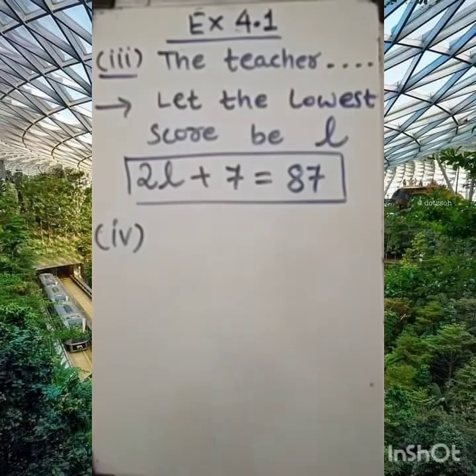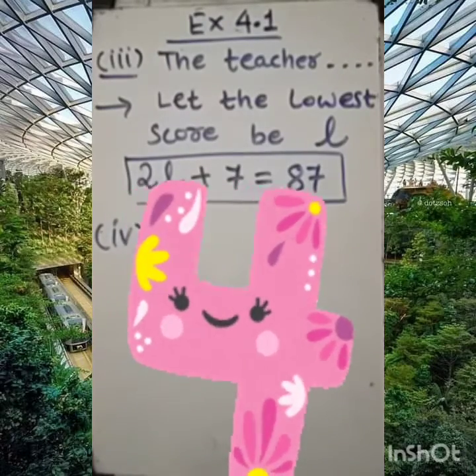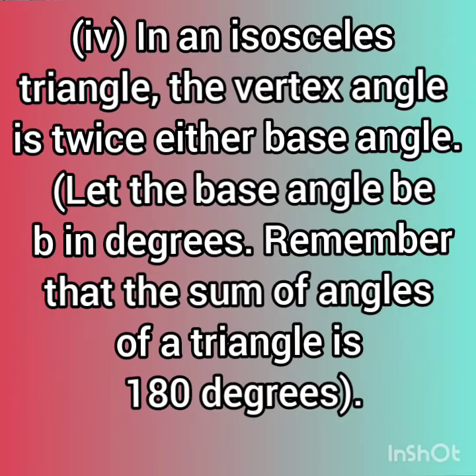Now let's proceed towards the fourth. What we are given: in an isosceles triangle, the vertex angle is twice either base angle. Let the base angle be b in degrees. Remember that the sum of angles of a triangle is 180 degrees. Very simple, dear student.